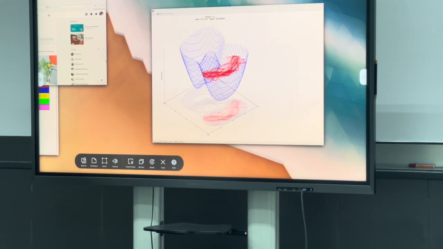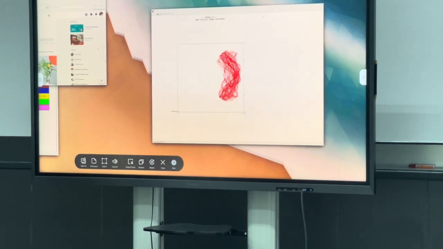Sometimes we cross the barrier and sometimes we don't, and we have to average. Here's again one that remains stuck. Maybe this one crosses at the very end, let's see. No, this never crosses.